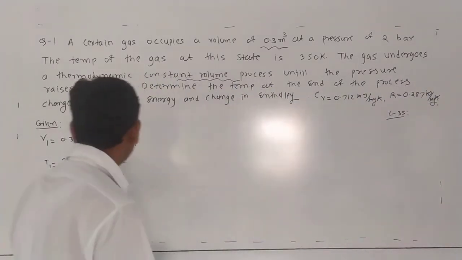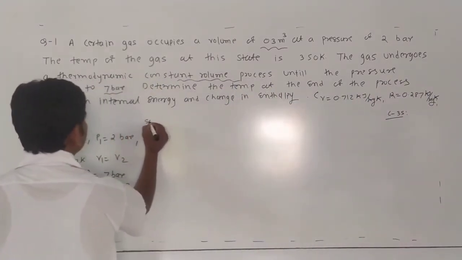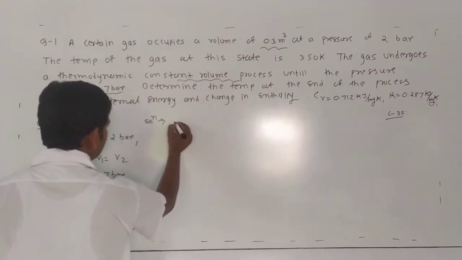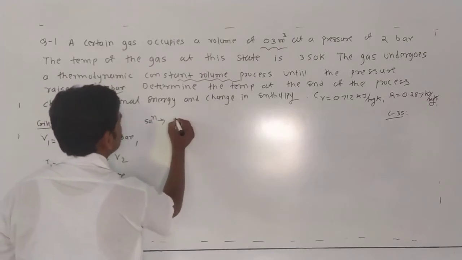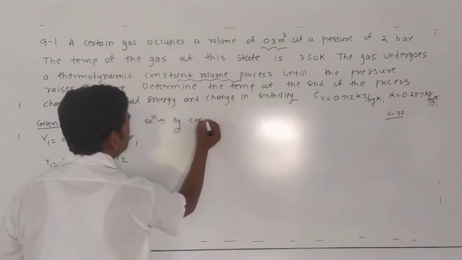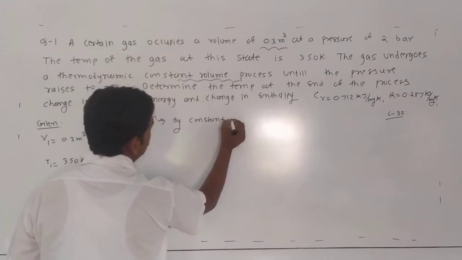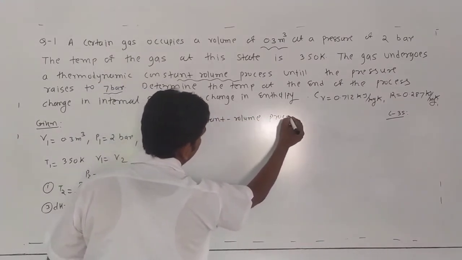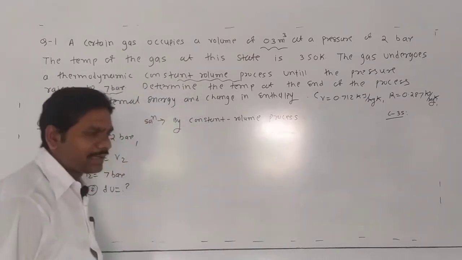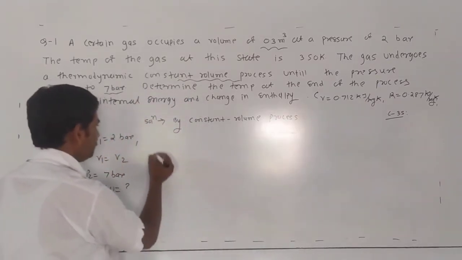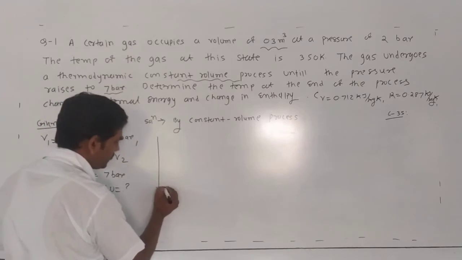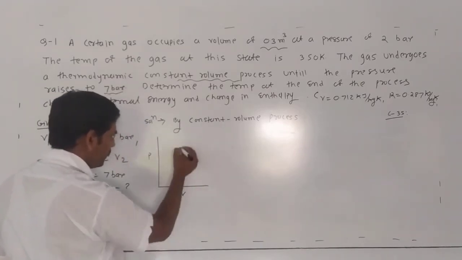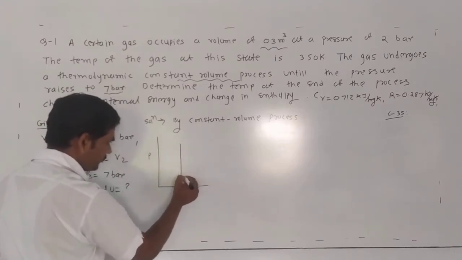See here, the solution. Which is the process, boys and girls? Constant volume process. What is the diagram of the constant volume process? We know the PV diagram, pressure versus volume, P and V. Constant volume is a vertical line.